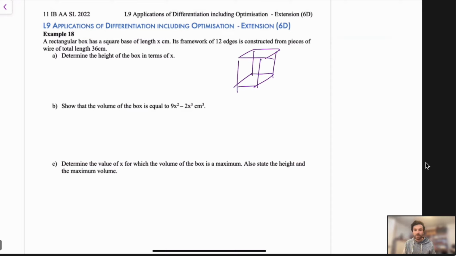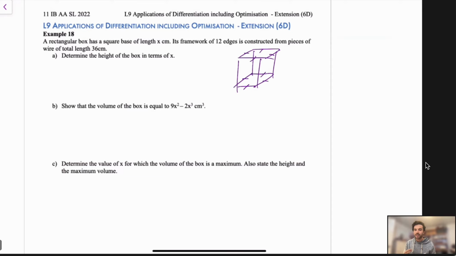So we've got some kind of rectangular box, and it says it has a square base, so we can dash all those. And we can see here it does have 12 edges, 4 on the bottom, 4 on the top, and 4 on the side. And all of those lines there, they're indicative of those wires. So we know that in total the length is 36 centimeters of wire used. Determine the height of the box in terms of x.